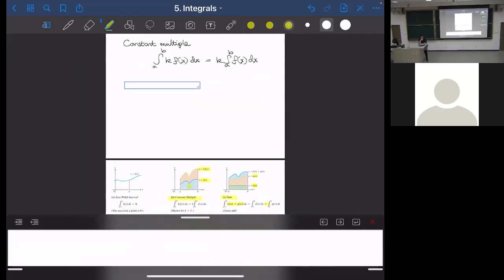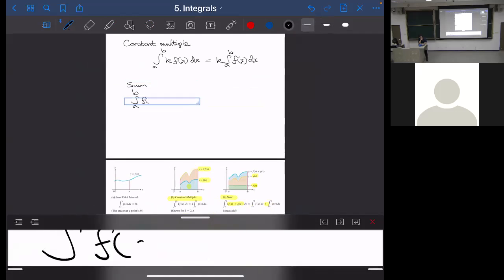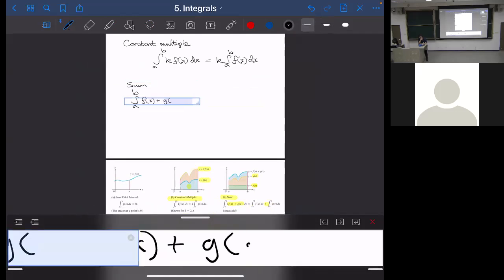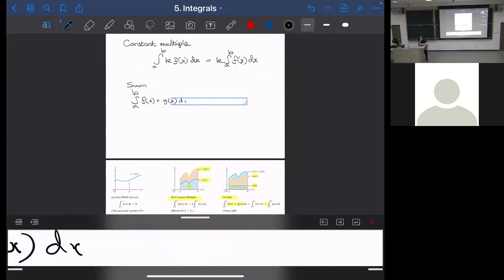So sum says that the integral from a to b of f(x) plus g(x) is the sum of two integrals like this.